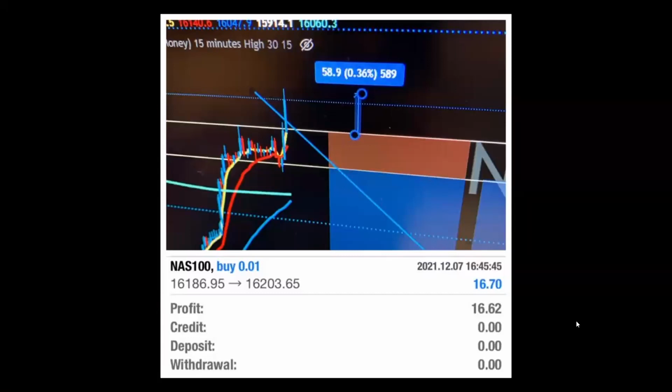And so this is further proof that I caught this buy, made $16 on the smallest position. If I had traded $2 per pip or more, this could have easily been a $200 to $300 profit. So we did pretty good. So what I'm going to do is stop this screen share.